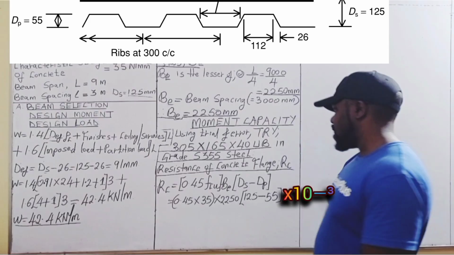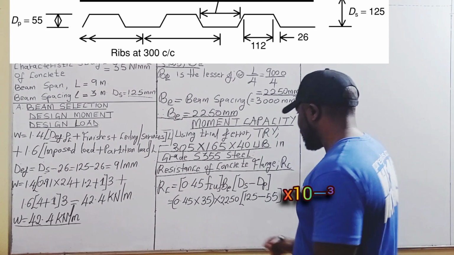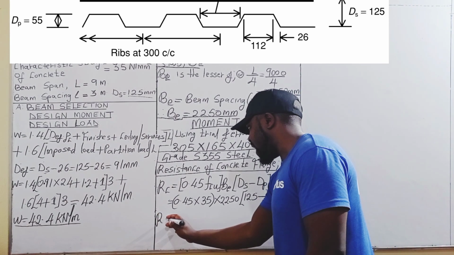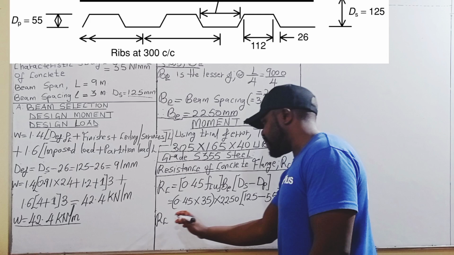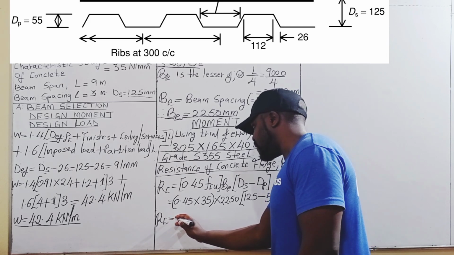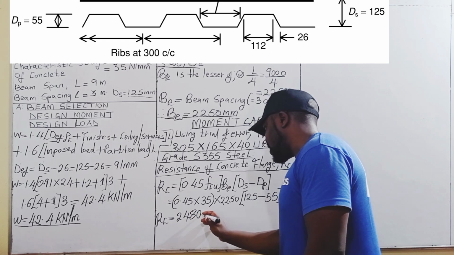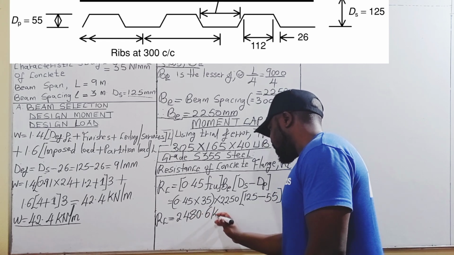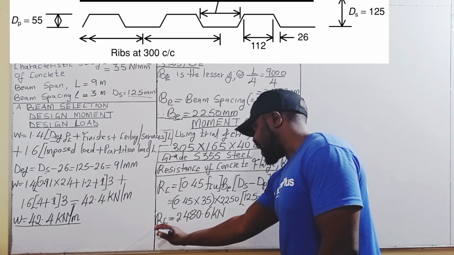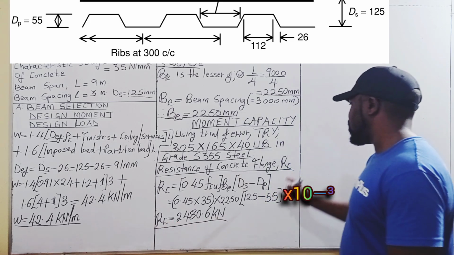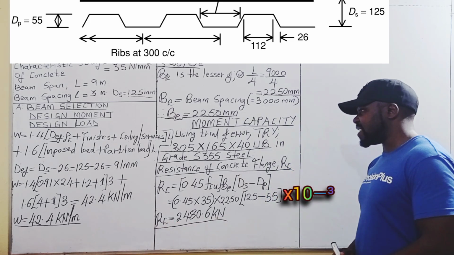We are going to multiply this by 10 raised to the power of -3 to convert RC from newtons to kilonewtons. And this is going to give us a resistance of concrete flange of 2480.6 kilonewtons. Therefore, that is the resistance of concrete flange, RC.